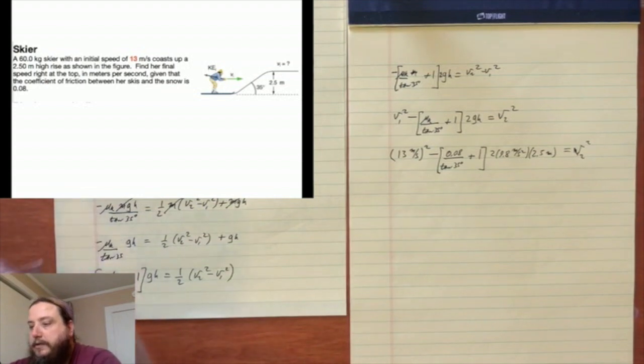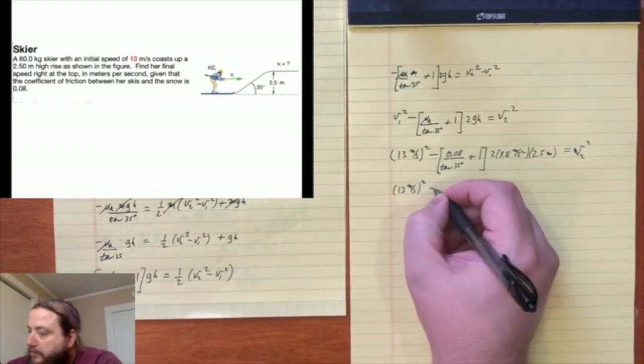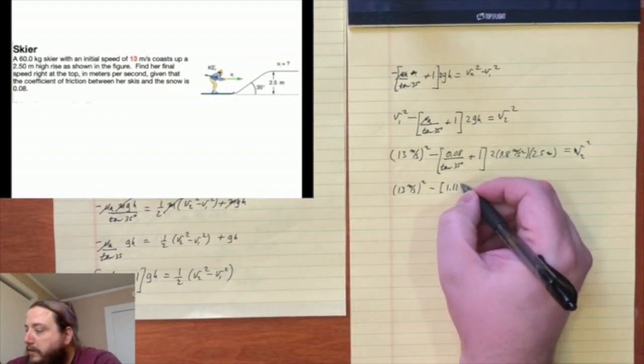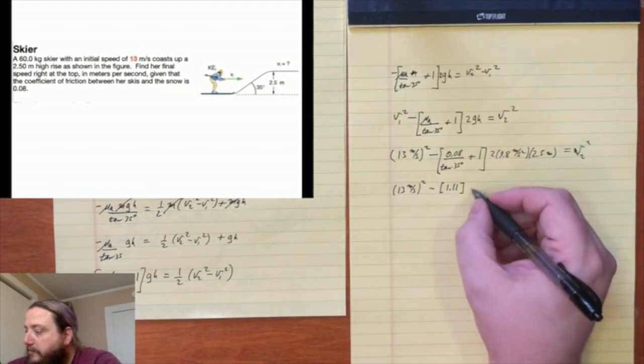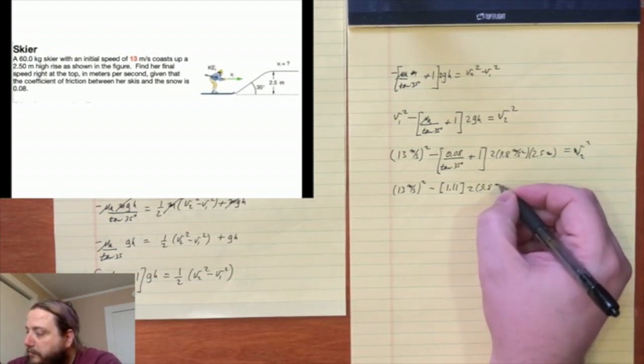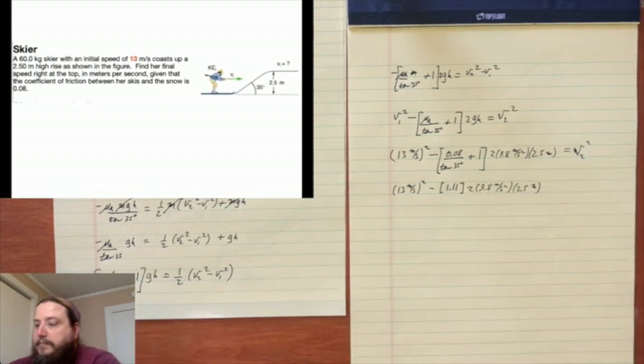So 0.08 divided by the tangent of 35 degrees plus 1. So that's 13 meters per second squared minus 1.11 times our 2 times 9.8 meters per second squared times 2.5 meters.